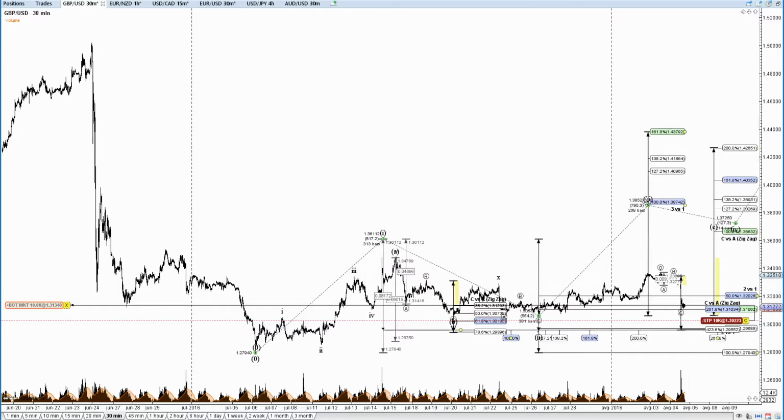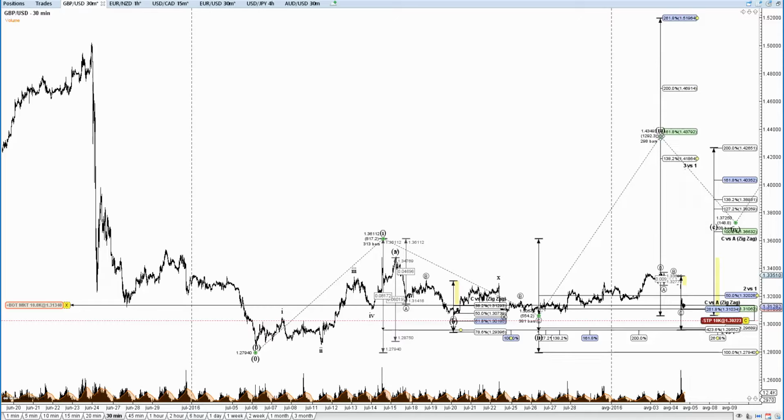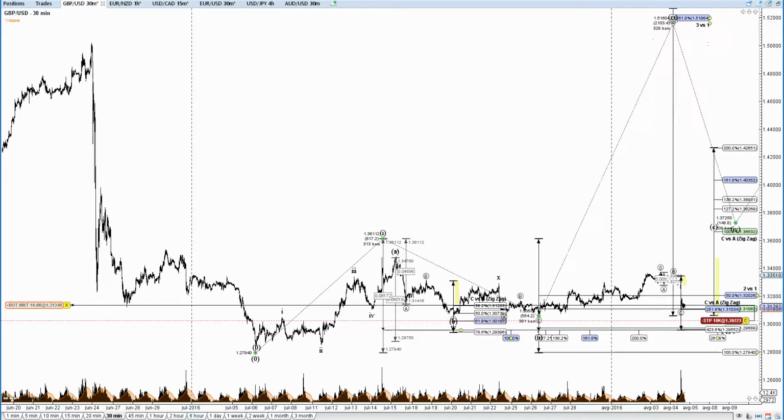If this is actually the starting of the third wave, and if we go into the 5-wave structure, the 100%, which is the minimum, is 1.3874, but it's usually 161.8 or even 261.8 if we got an extended third wave.